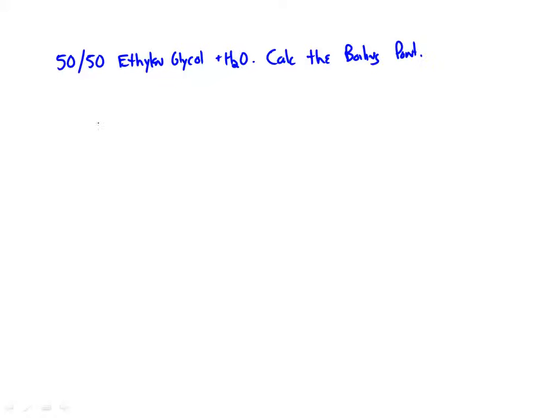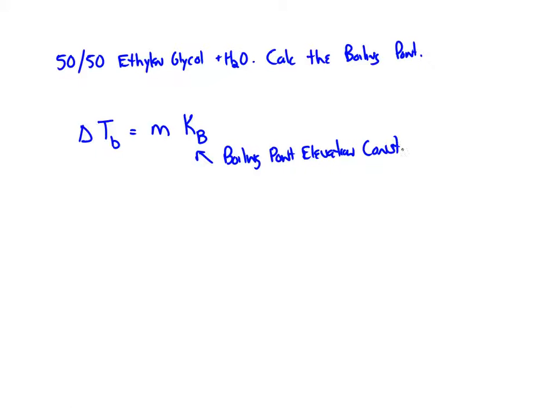So the equation is the same. The change in the boiling point is simply m Kb. And so here Kb is simply our boiling point elevation constant. Meaning it's exactly like a freezing point depression constant, but it's a different number.